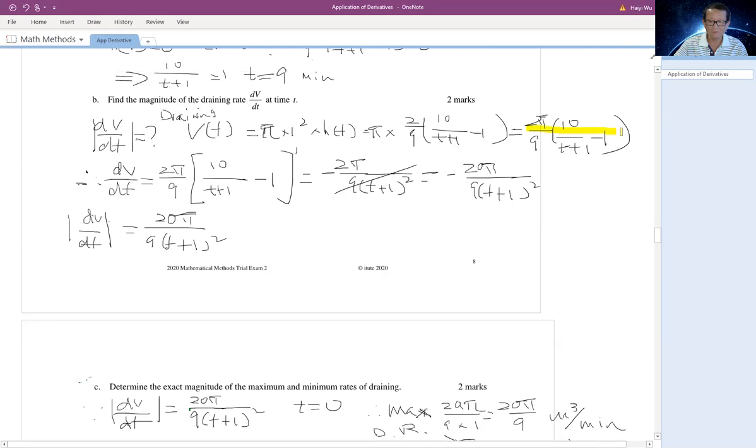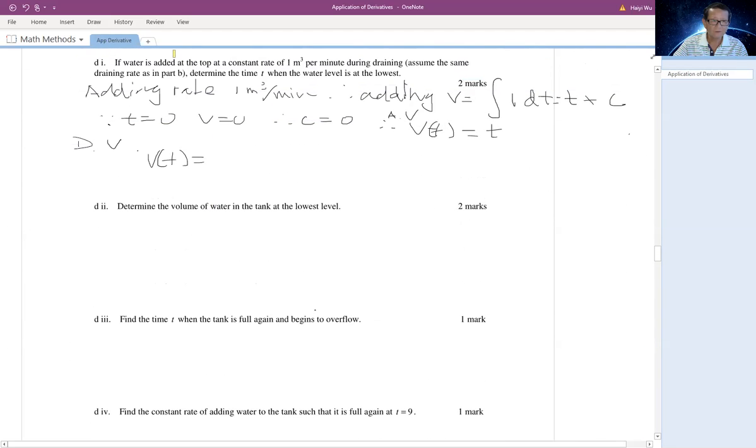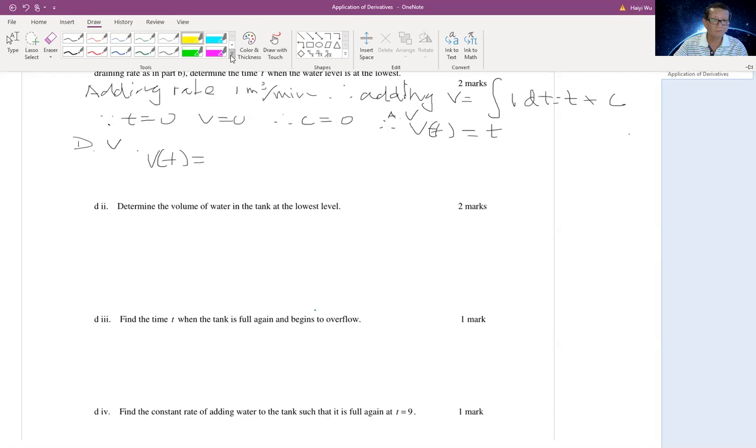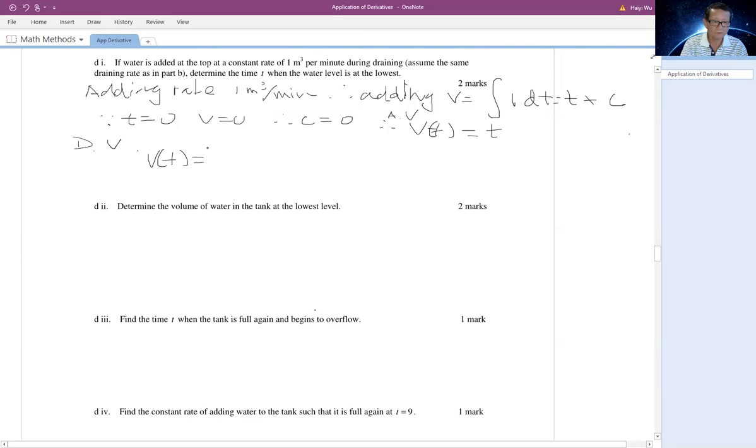So this is the volume for draining volume, so this is the V of t. It's 2 pi over 9, 10 divided by t plus 1 minus 1. So that's the draining volume.